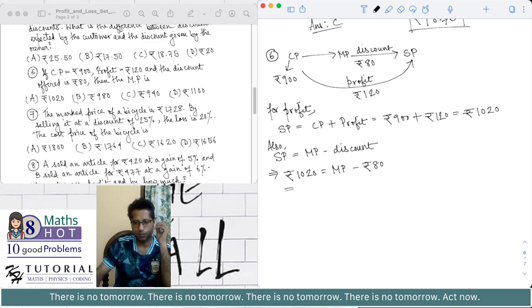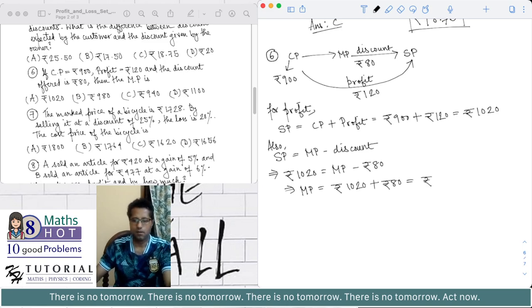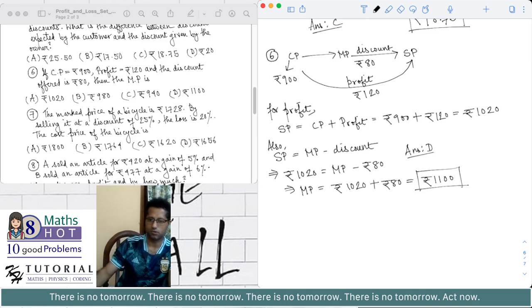So the mark price is equal to rupees 1020 plus rupees 80, which is equal to 1100. So the mark price is 1100, and hence the correct choice is D. D is the correct choice.